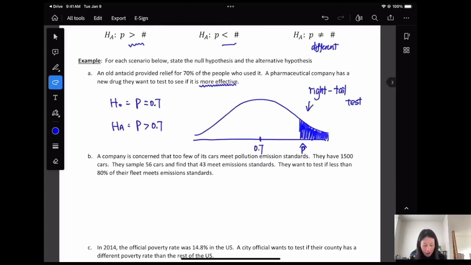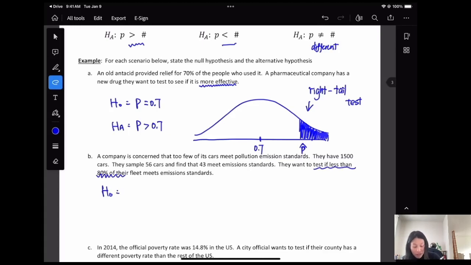Okay, now B. A company is concerned that too few of its cars meet the pollution emission standard. They have 1,500 cars. They sample 56 and find out that 43 meet the emission standard, and they want to test if less than 80% of their fleet meets the emission standard.